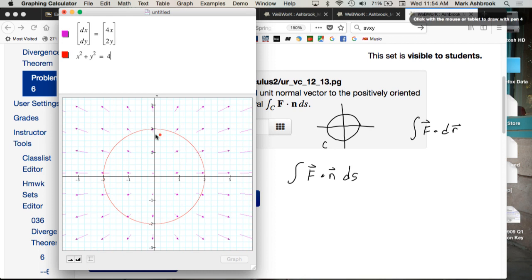So if we parameterize this curve as some function r, then values of that vector function, say this is r1, r of say x1, y1. What is dr? What does dr represent?